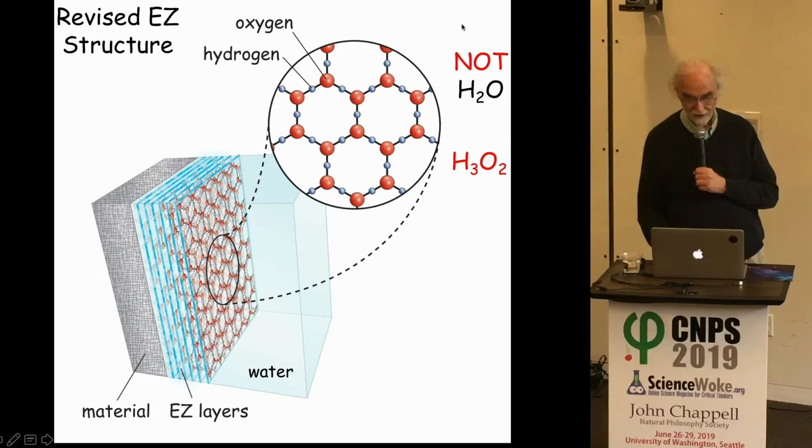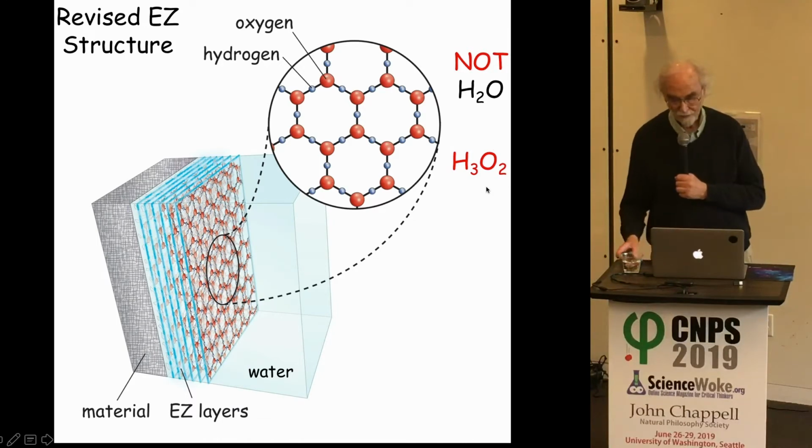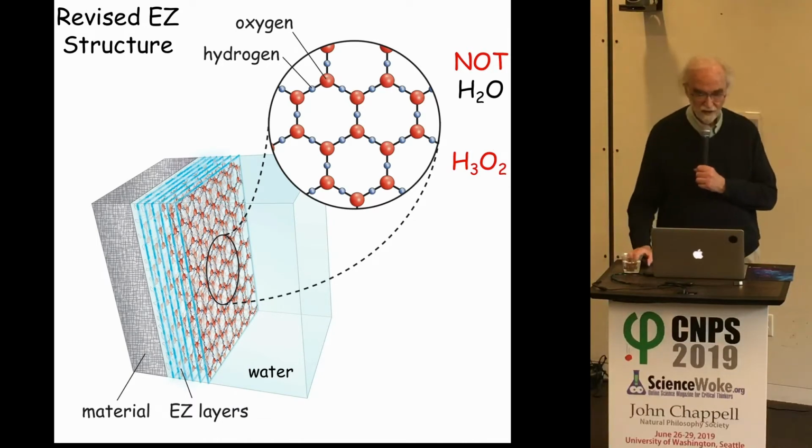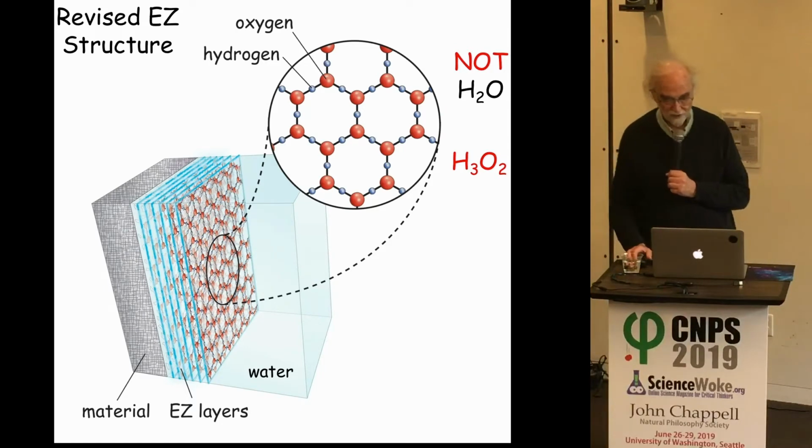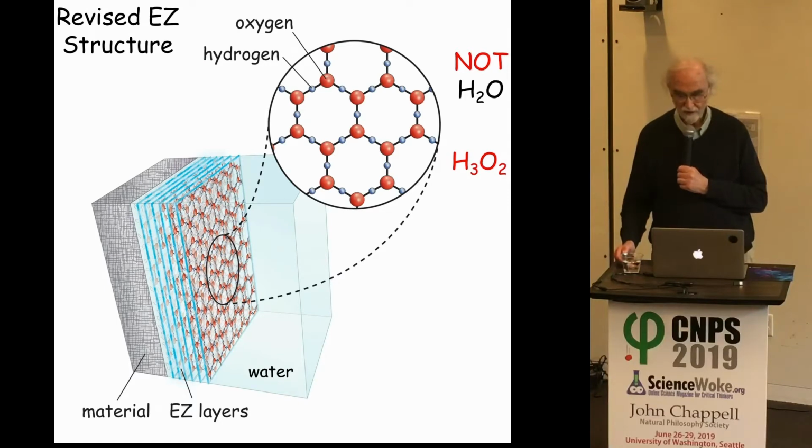And this actually makes some sense, because if it were H4O2, it would be double this one, and it's neutral. So by missing one positive charge here, the net charge is negative. See, so that makes sense. And so these pile up. Okay, so we have some kind of liquid crystalline structure of the EZ, or fourth phase.